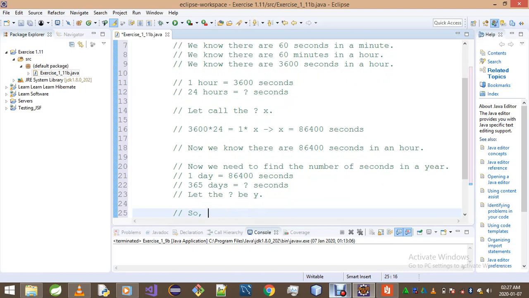So if we cross multiply, we're gonna get 365 multiplied by 86,400 equals y multiplied by 1, which implies that y is 31,536,000.